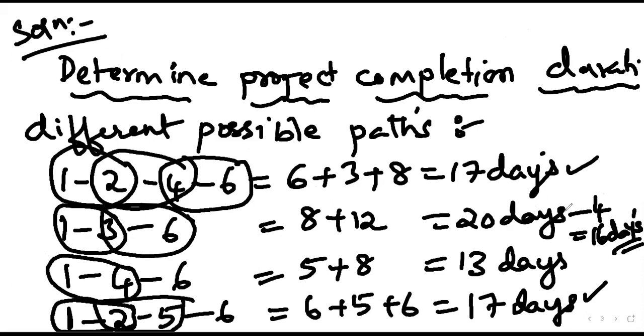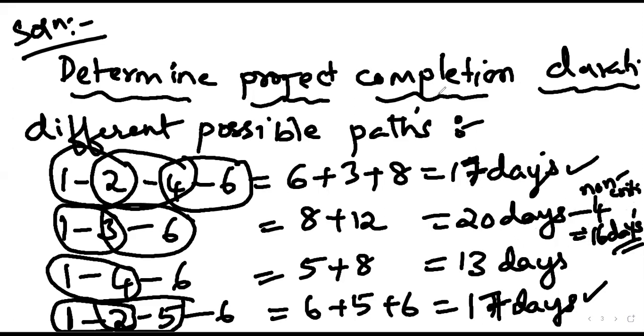Now if this becomes 16, this becomes non-critical. It should not happen. Why does this become non-critical? Because 16 is less than 17.